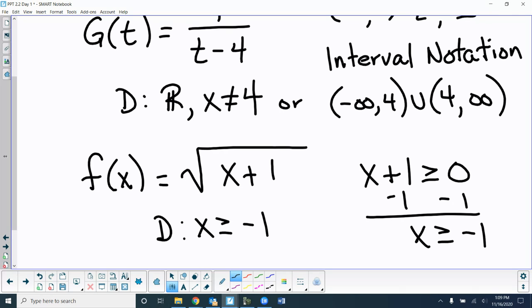It's like the imaginary unit, so it's not a real number. We can't use anything less than negative 1. Negative 1 or bigger is our domain. Remember, domain is x values, range is y values.